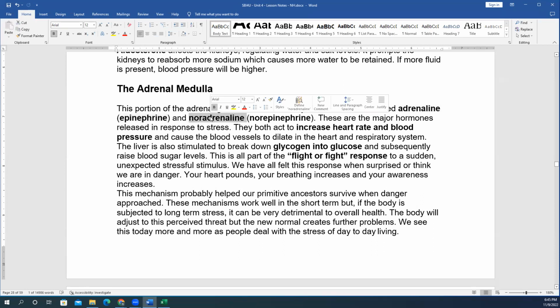It also secretes noradrenaline, and the other name for noradrenaline is norepinephrine. So it secretes two hormones, adrenaline and noradrenaline, also known as epinephrine and norepinephrine.